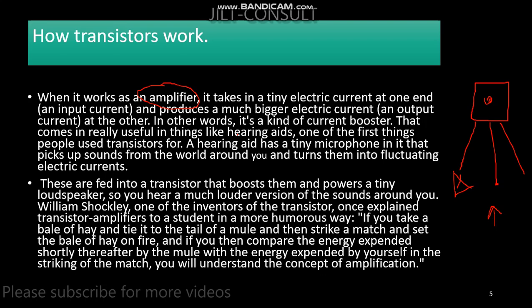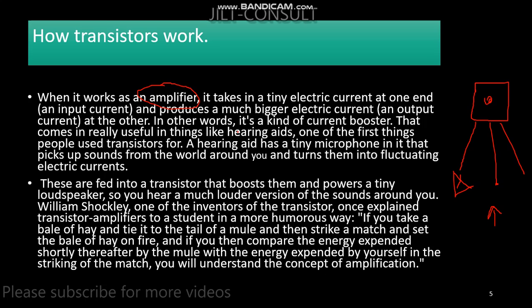A hearing aid has a tiny microphone in it that picks up sounds from the world around you and turns them into fluctuating electricity currents. These are fed into a transistor that boosts them and powers a tiny loudspeaker, so you hear a much louder version of the sounds around you.